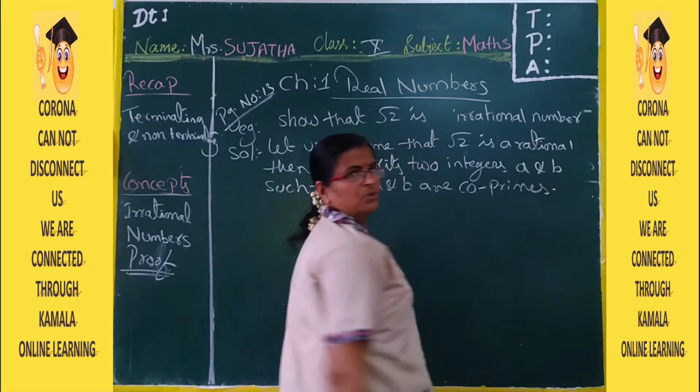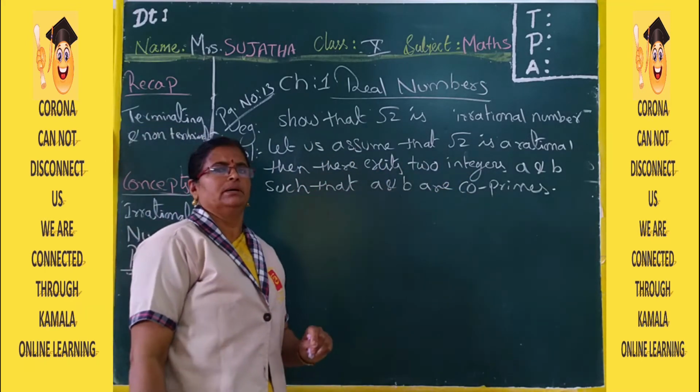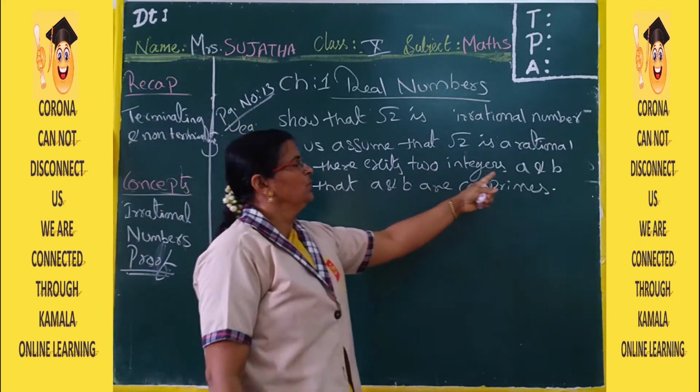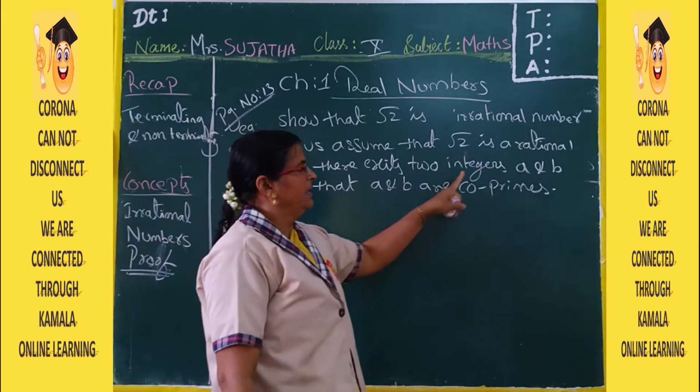Okay, like that you have to assume. So, if you are assuming that root 2 is a rational number, then there exist two integers a and b such that a, b are co-primes.